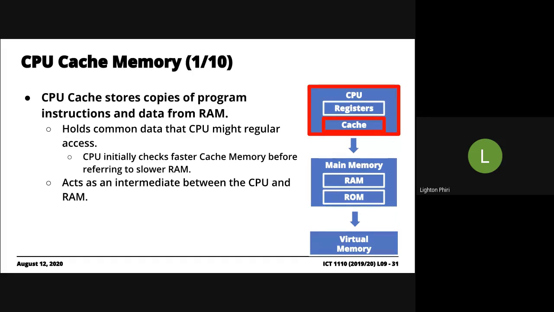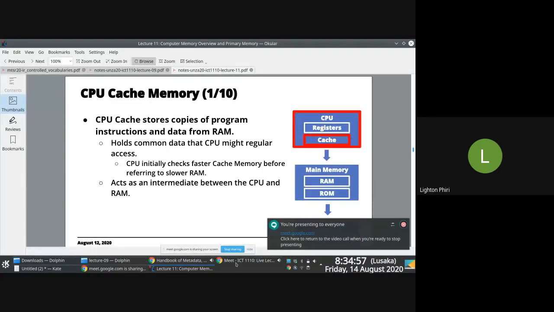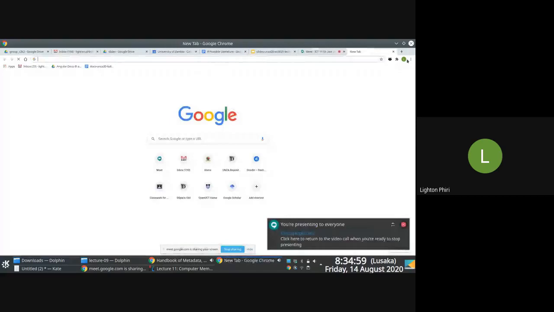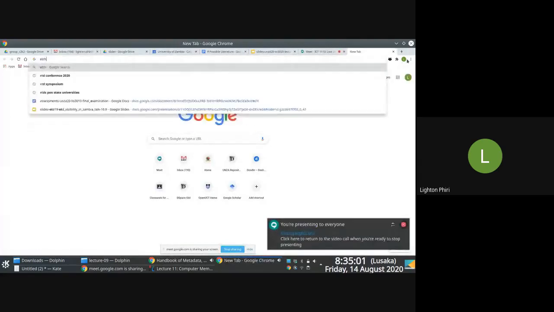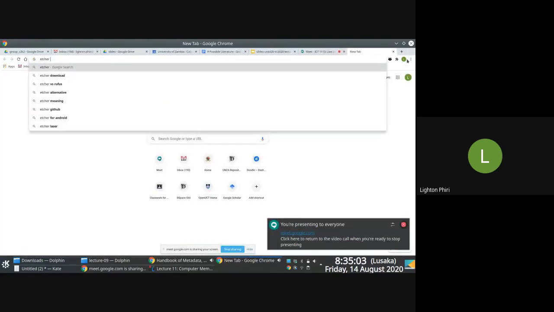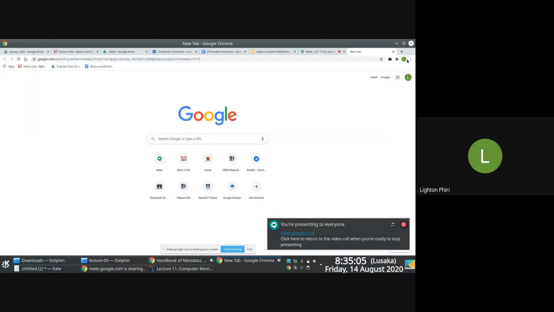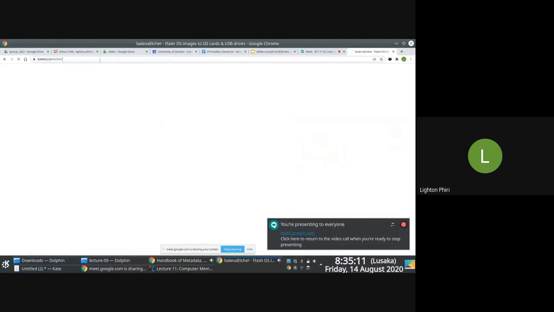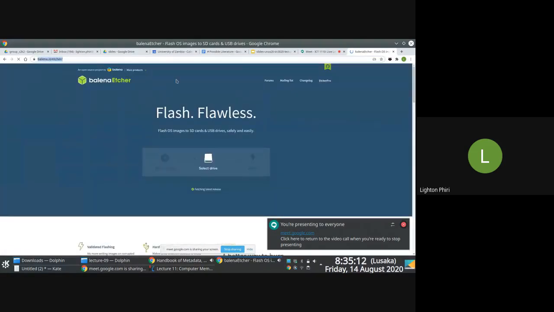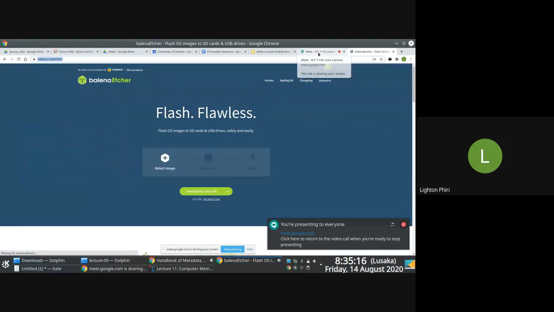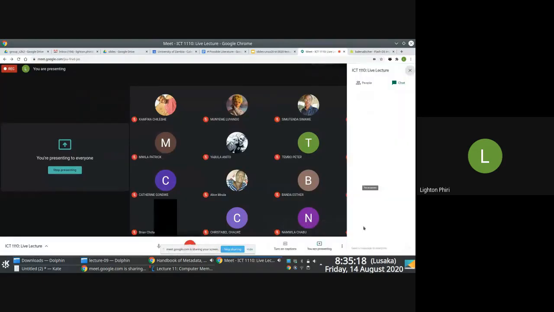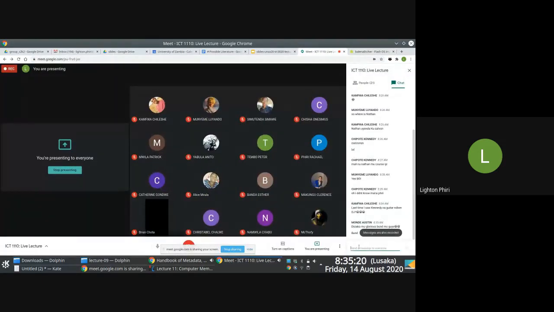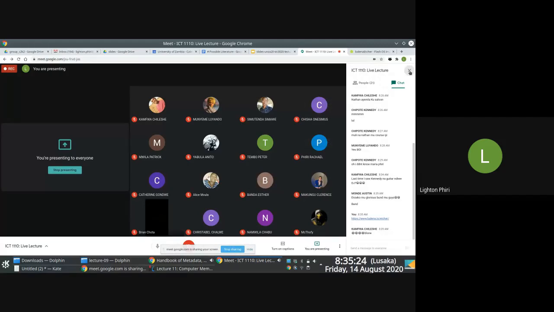Or Etcher, if you haven't used it, I do encourage you to do this. There are plenty of software tools that can be used to do this, but I find Etcher to be quite useful in this regard. You probably want to look into that.